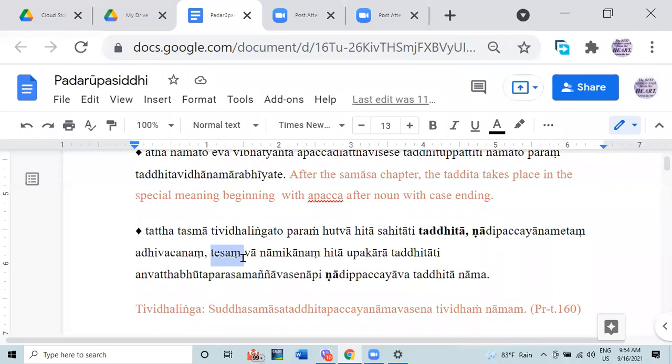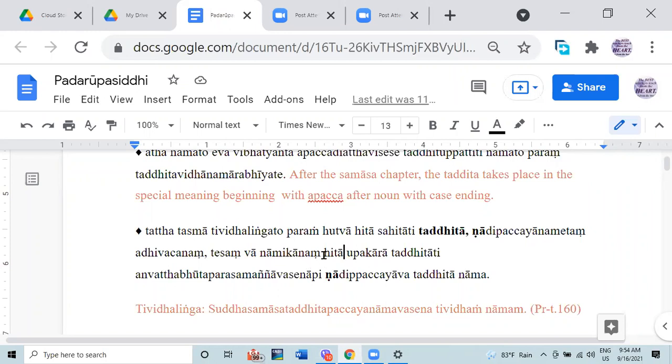So here also tisam hita taddhita, the main words for the definition of taddhita. Tisam here also directly modifies namikana. Namikana also refers to noun words, those nouns.